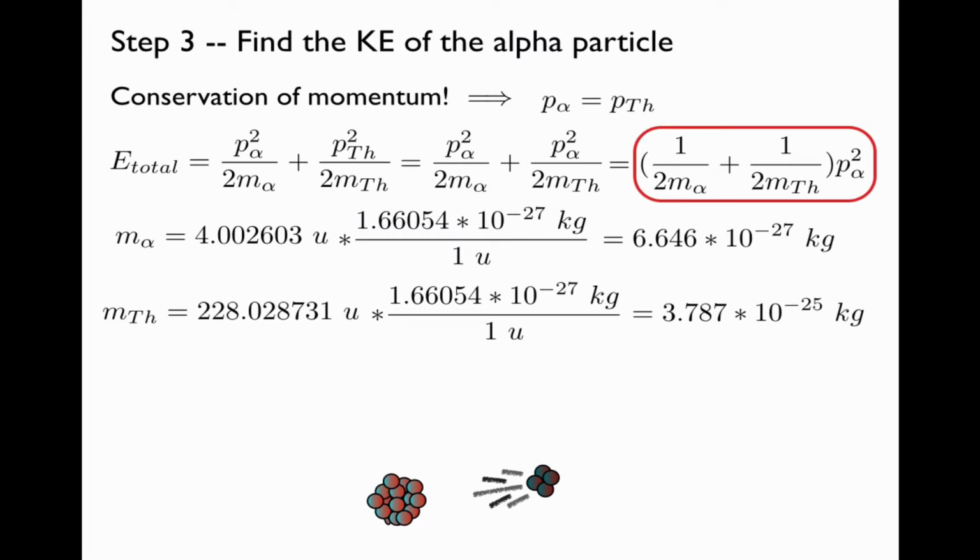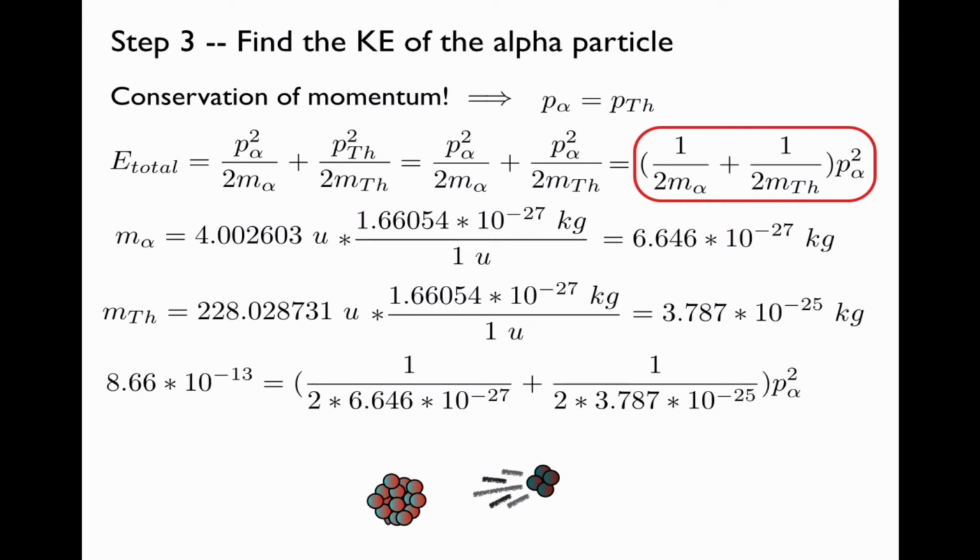Now, look at the boxed equation. We know all of the terms inside of the parentheses. And we would like to know P of alpha, because once we know P of alpha squared, we can find the kinetic energy of the alpha particle, because the kinetic energy of the alpha particle is simply P alpha squared over 2m alpha. And m alpha we know.